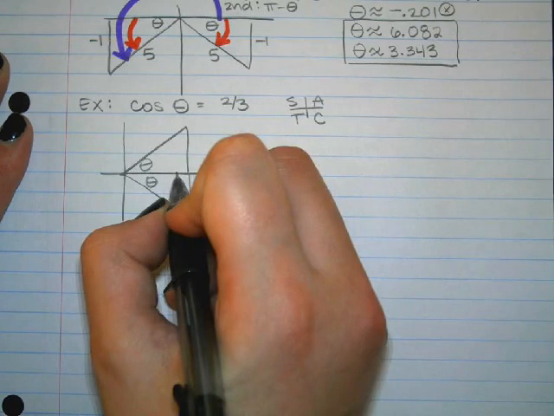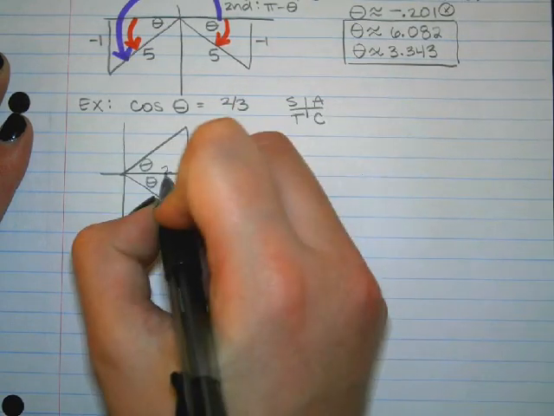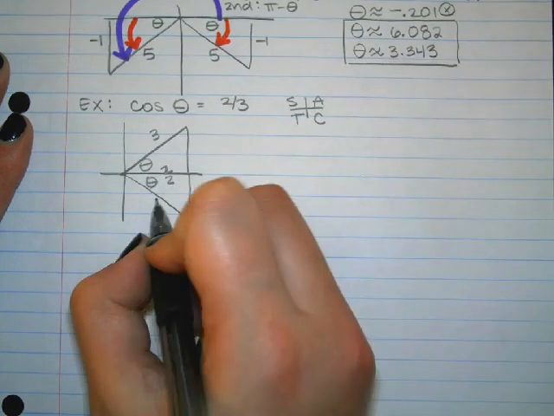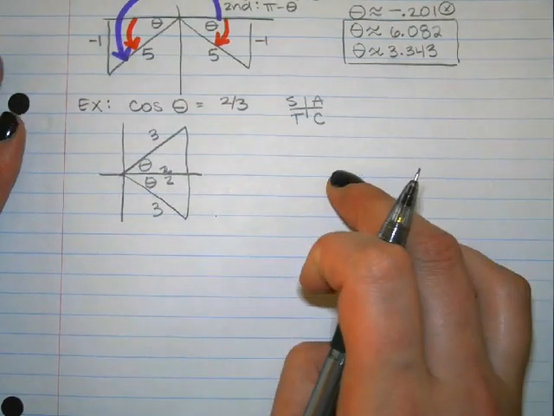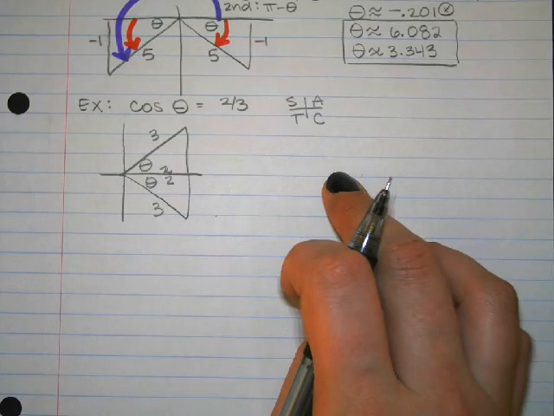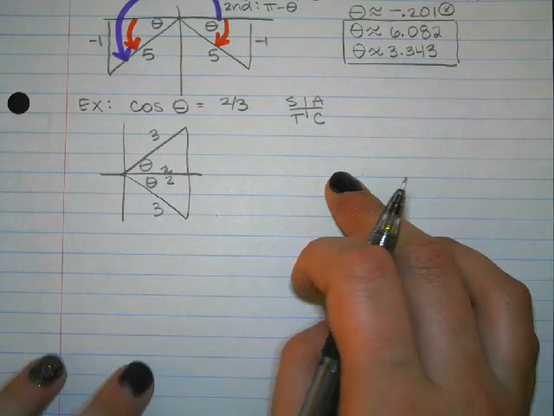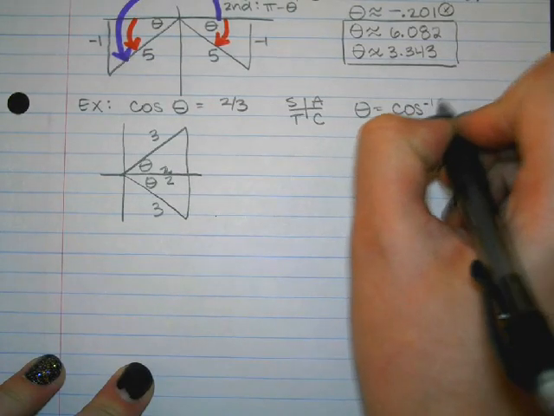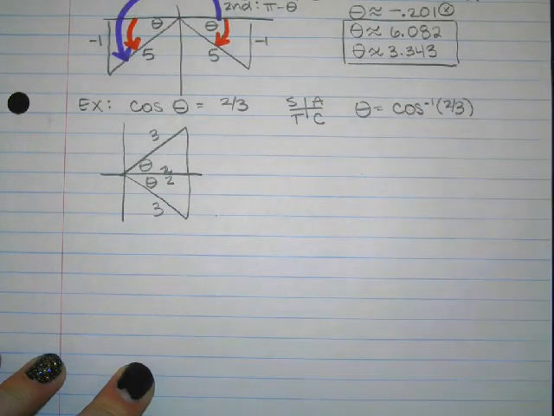So on this one we have adjacent is 2. That's a 2 right there. Hypotenuse is 3. The adjacent side is 2. The hypotenuse is 3. Okay. So I'm going to say theta is cos inverse of 2/3.